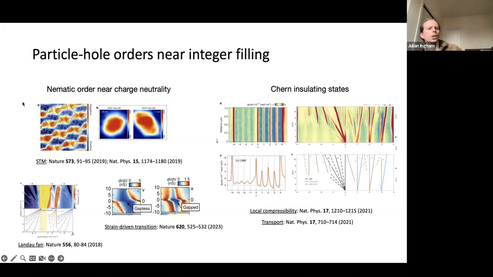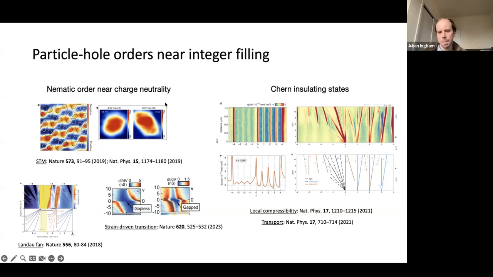We can also infer the presence of this symmetry breaking from the degeneracy of the Landau fans, and also from the opening of a gap as a function of strain seen in these recent STM experiments that I'll mention again later.